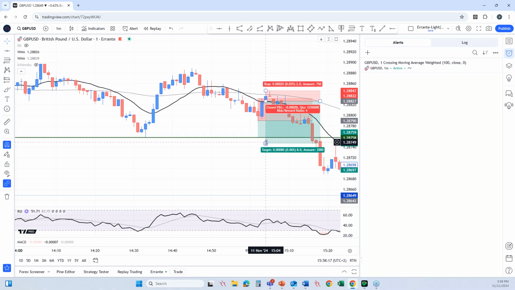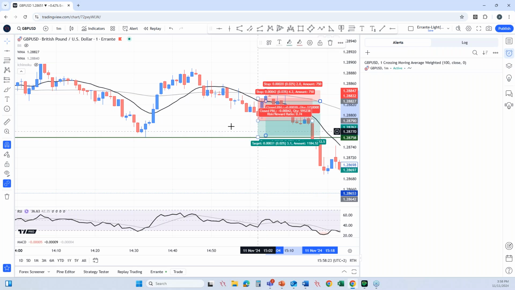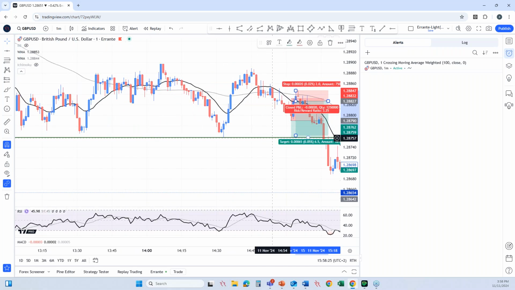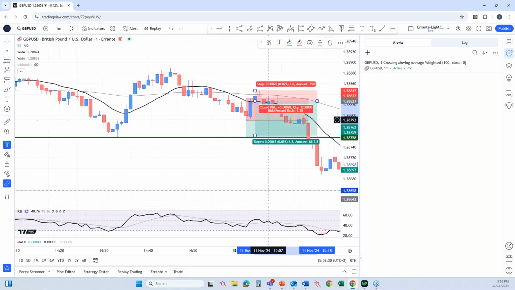And I can set, for example, my reward to risk ratio even here at the lower boundary of this range bound. So this is, let's say, a significant support level. So you see, okay, it gives me a risk-reward ratio of 3.25. So it is worth it. So you can open this sell position for that.